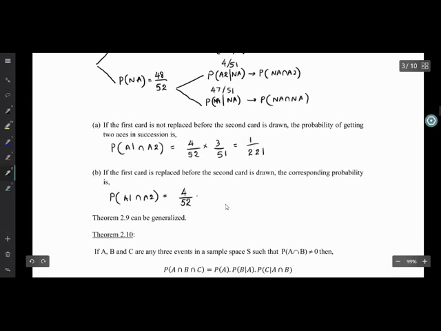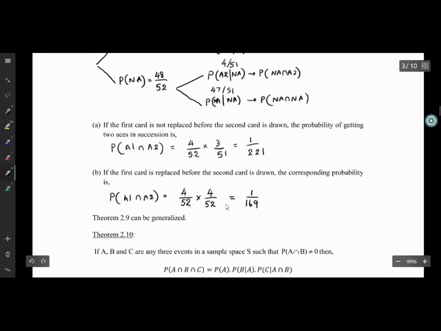Now when you are going to pick the second card, you still have all 4 aces and all 52 cards. So it is like the original status. So this is if the card is replaced. Each and every time you are going to pick a card, there will still be all 52 cards available, like the original status. So this will be 1 out of 169.